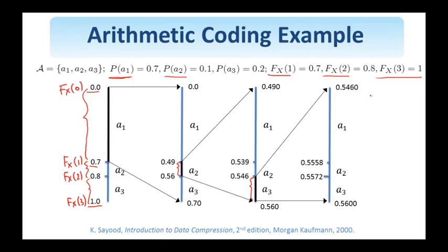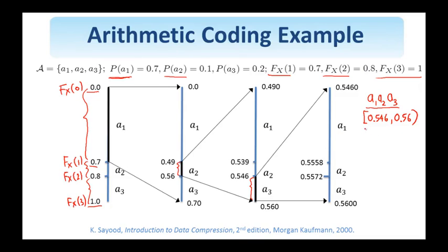So if the sequence we observe and we want to encode is A1, A2, A3, then any real number in the interval 0.546 to 0.56 can serve as the tag to uniquely identify this particular sequence. It is clear that I'm looking for an identifier just for this particular sequence and not for any three-symbol element, as was the case with Huffman encoding.